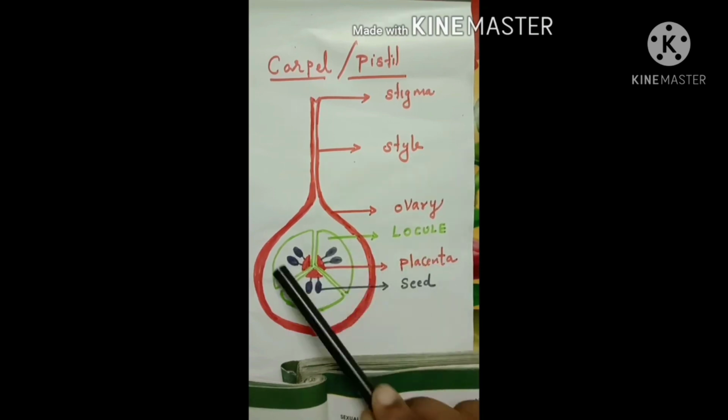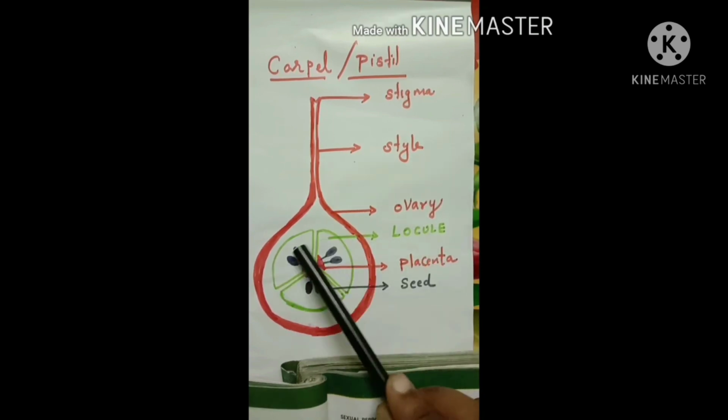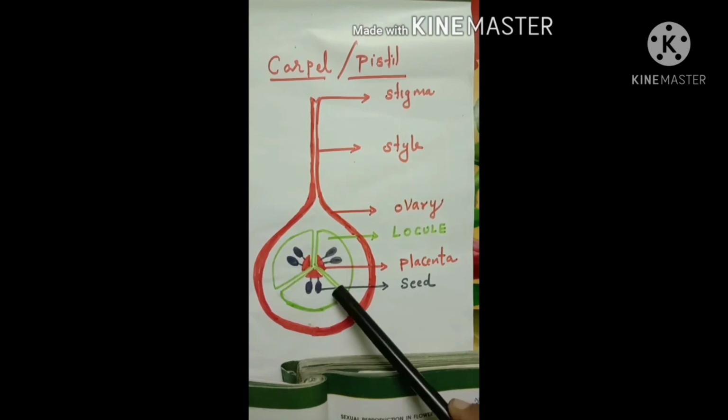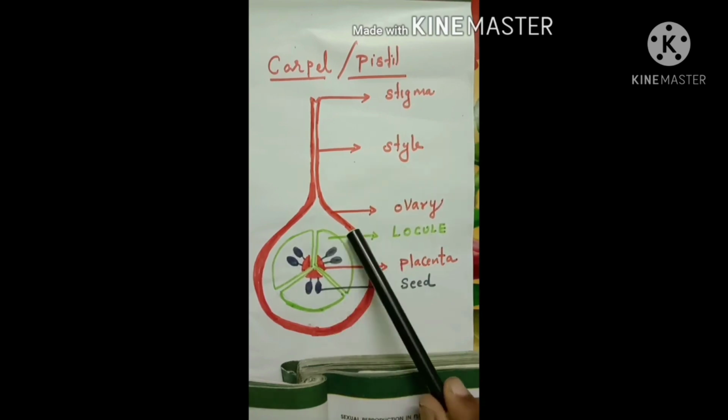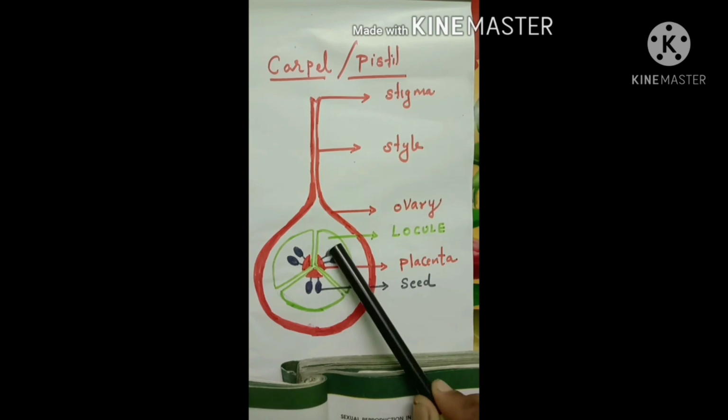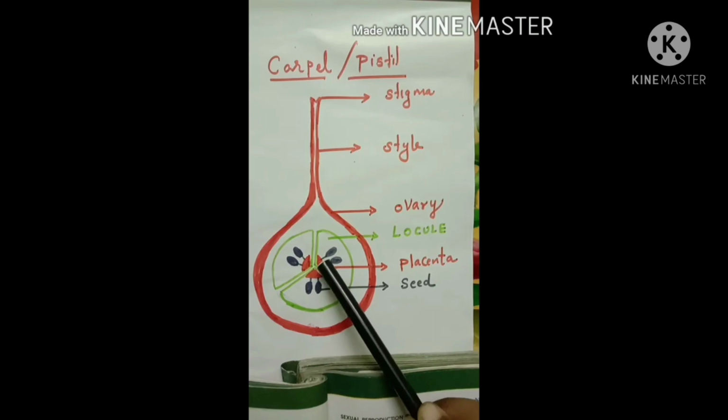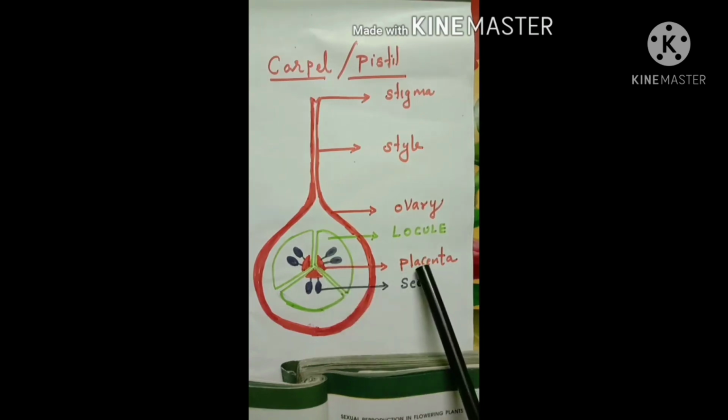So what do you mean by locules? Locules are the chambers present in an ovary. Each locule consists of placenta, from which the ovules arise; the ovules are attached to the ovary with the help of placenta.